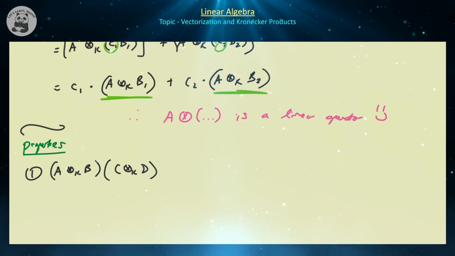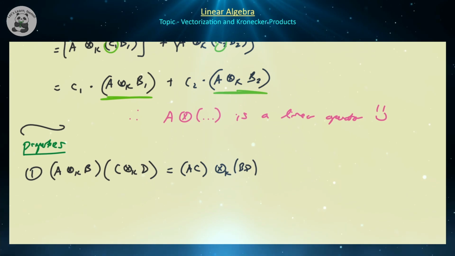So A Kronecker B and C Kronecker D have to have the same inner dimensions, but A, B, C, and D can practically have whatever dimension they want, as long as those inner products agree. This is actually equal to the product of matrices A and C, Kronecker product with B and D, which is actually pretty interesting. So the Kronecker product and matrix multiplication sort of interchange with one another, which I find pretty interesting.